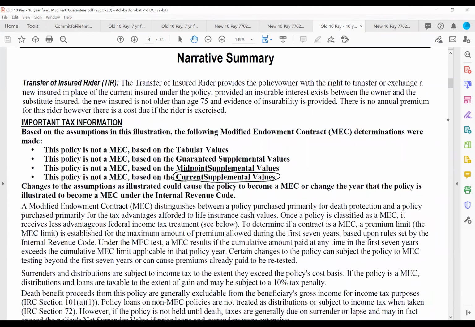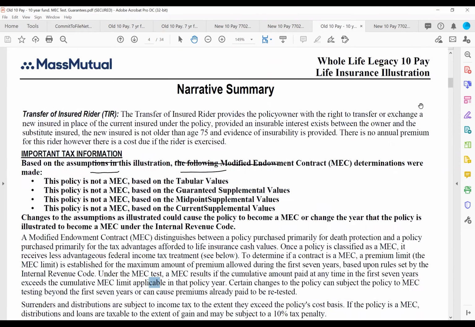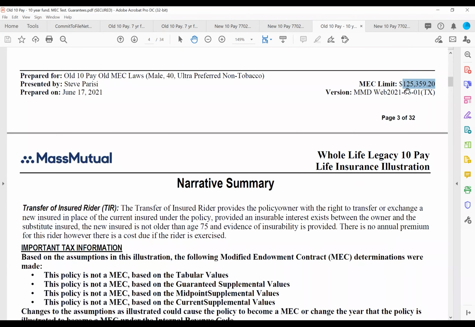Dividends come down, then all of a sudden we can run into a MEC issue. So seeing this, not a MEC, based on the midpoint supplemental values, based on the guaranteed supplemental values, is very important. And this is a reason as well that we overinflated the MEC limit.